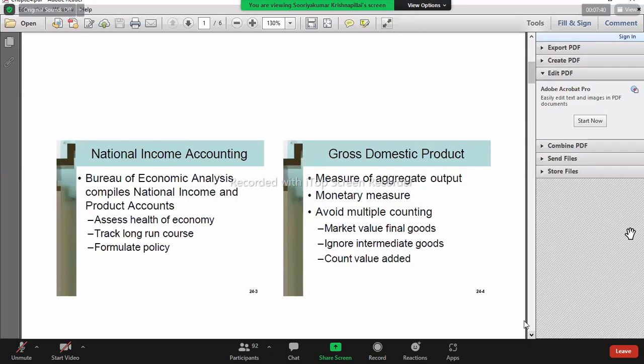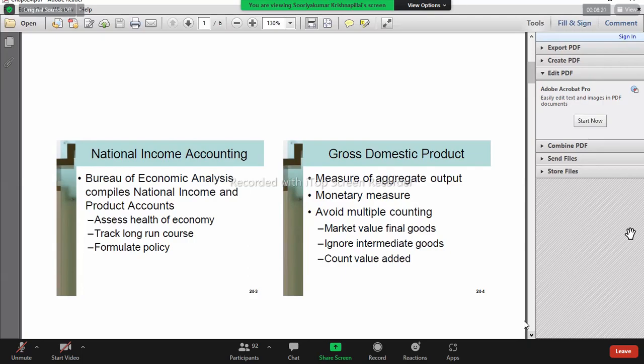Anyway, to avoid this double counting, we can use the value added procedure. From the farm land up to the consumer, or from the steel up to the car, there are many firms involved. To avoid the double counting, we can do the value addition of each firm.